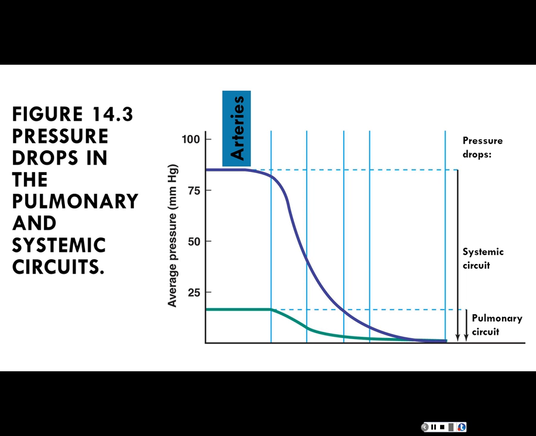And after the arteries, blood goes into our arterioles. What happens here? Pressure drops. We go from here to here, and then here. It decreases the most. Can you see the most significant drop in pressure happens in the arterioles?